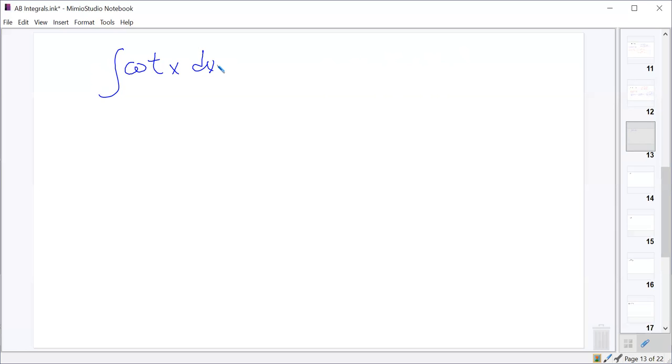Is there a rule for cotangent x? I don't think so. Yeah, there's not. So what we need to do then is rewrite cotangent x in some other way. How could we rewrite it?